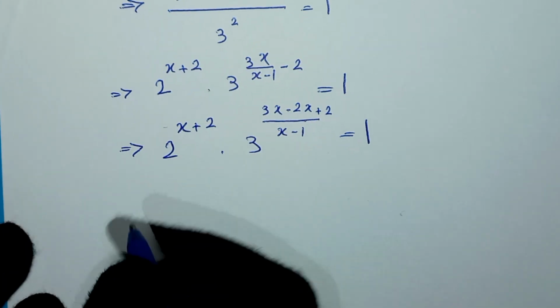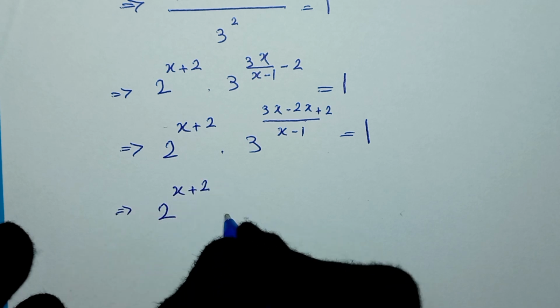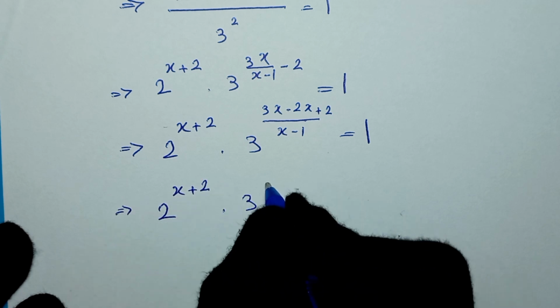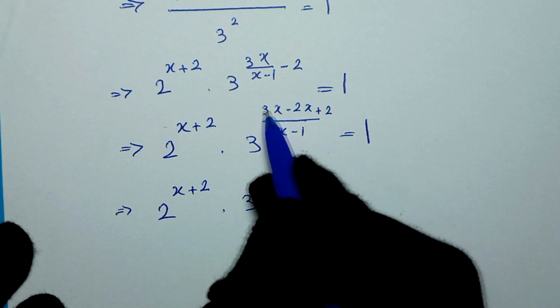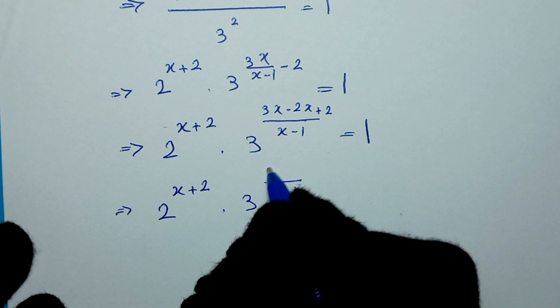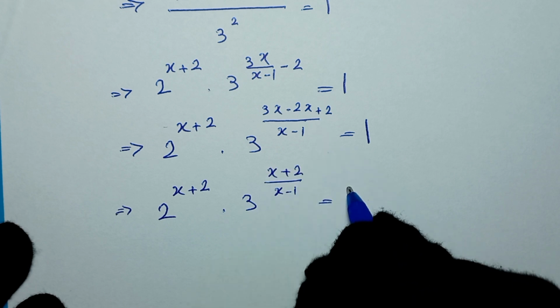And it will be 2 to the power of x plus 2 times 3 to the power of, denominator is x minus 1 and numerator 3x minus 2x is x, and this is plus 2 is equal to 1.